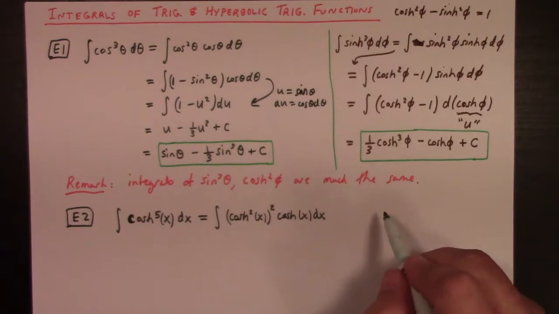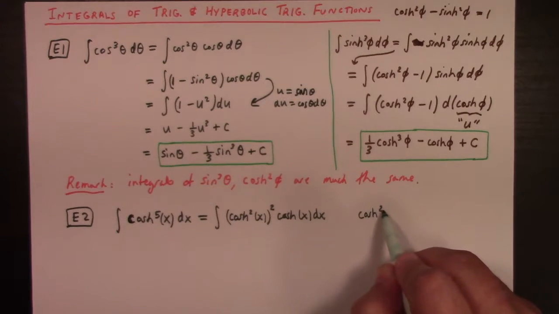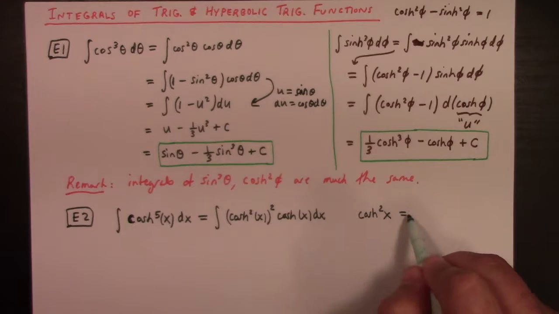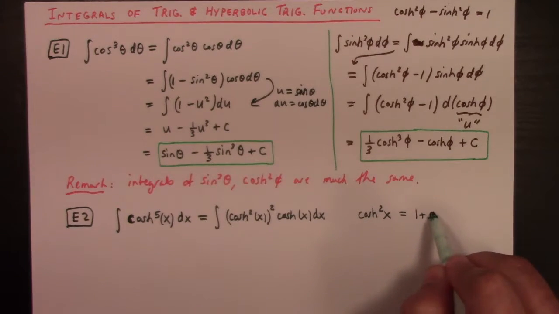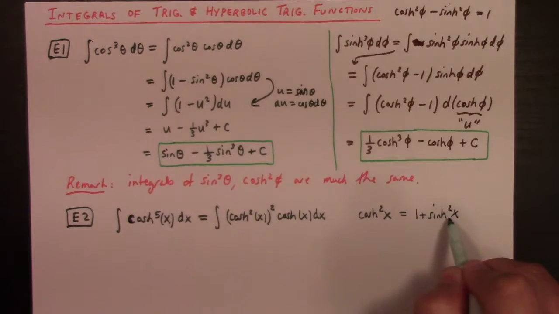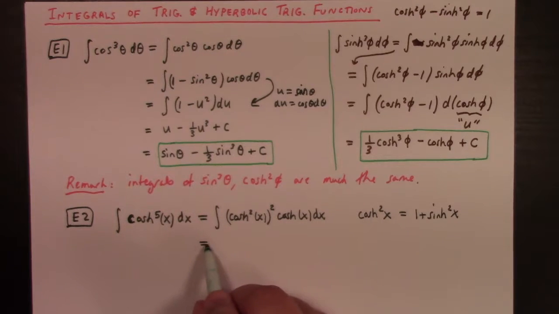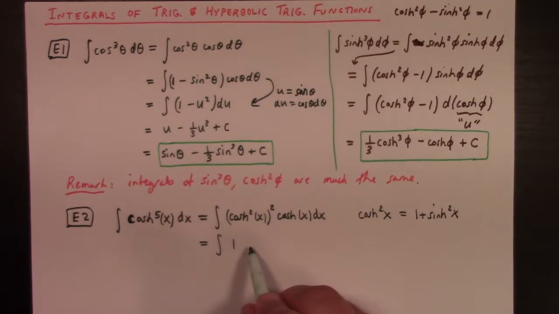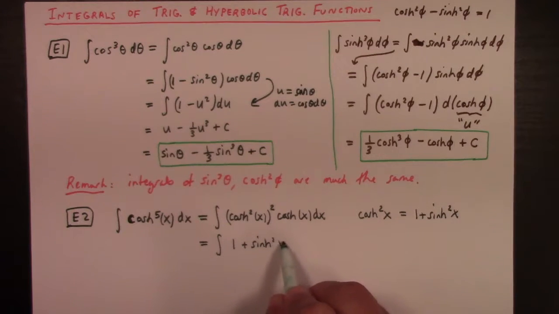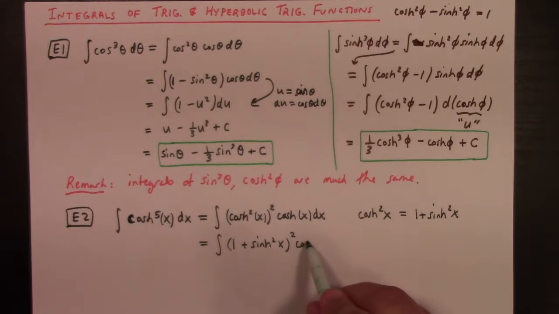Now, cosh squared is equal to 1 plus sinh squared x, right? So this is really the integral of 1 plus sinh squared x, quantity squared, cosh x dx, right?